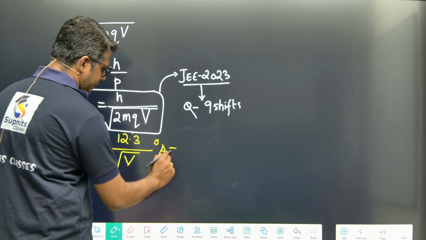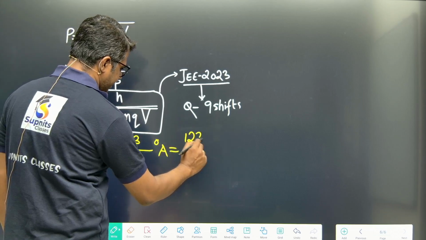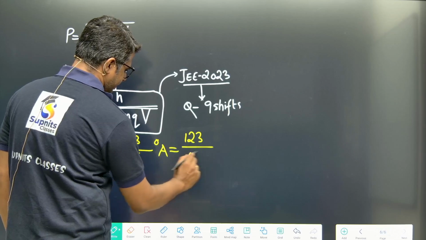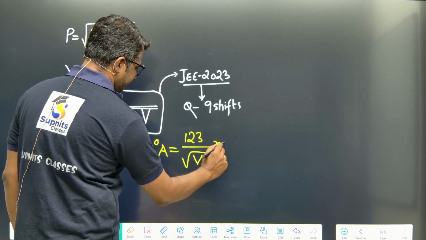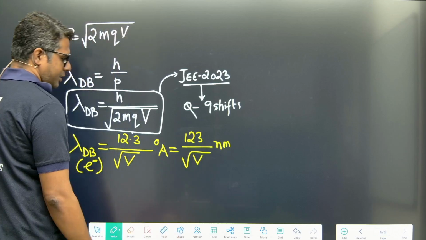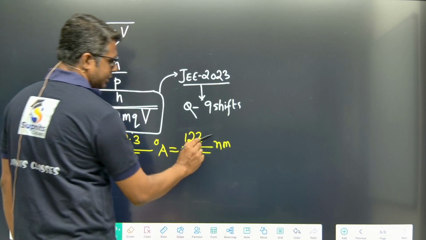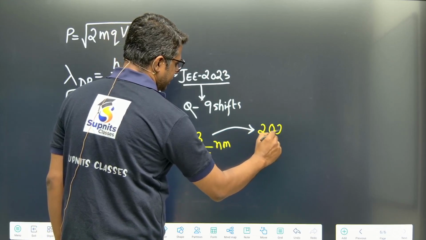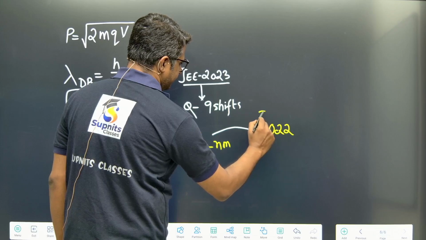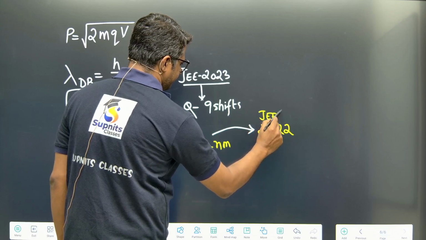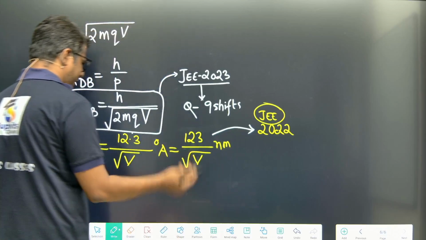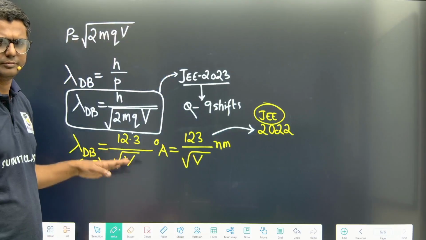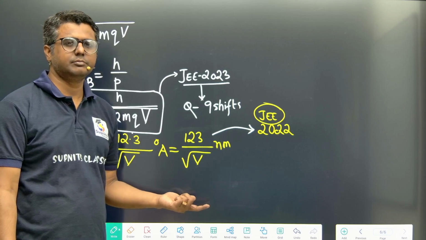This can also be written as 123 by root V nanometer. Based on this formula, a direct question has been asked in 2022. Bad question, if you ask me, but this has come.